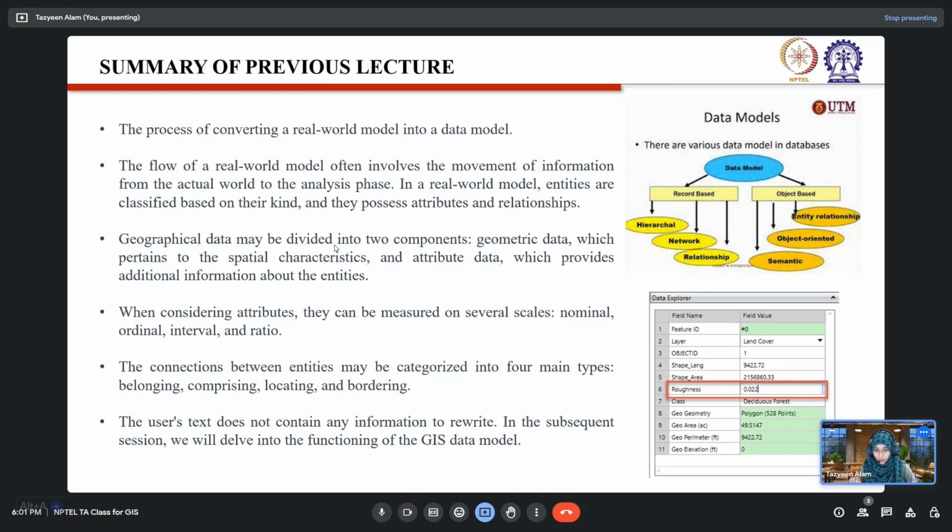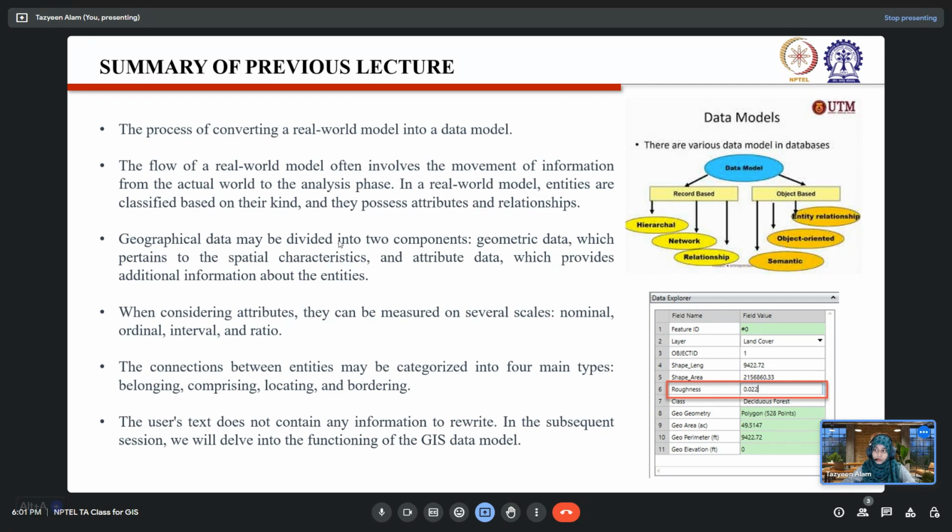So let us quickly brush up through last week's summary. Last week we learned about the process of converting a real world model into a data model, where we have a certain geographical location and how we are using our tools of GIS and our geospatial information through satellites and imagery, and how we are converting it to a data model.